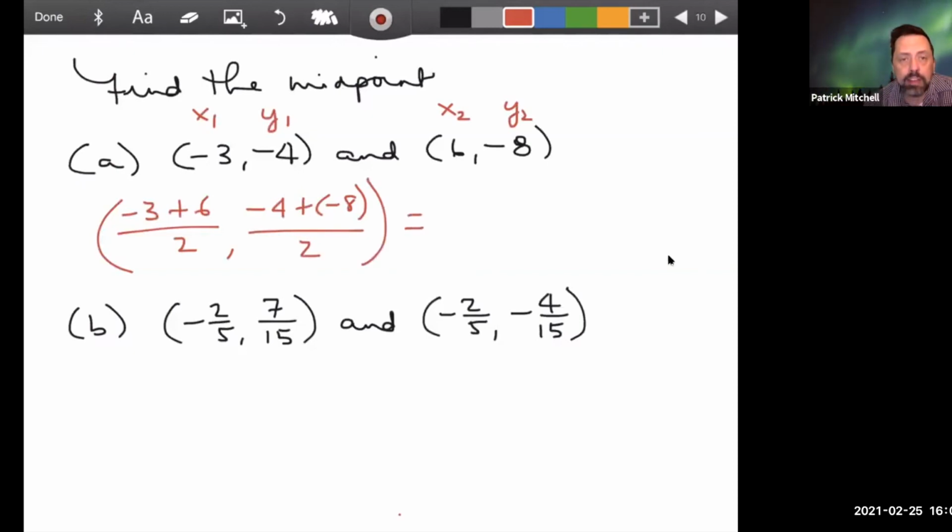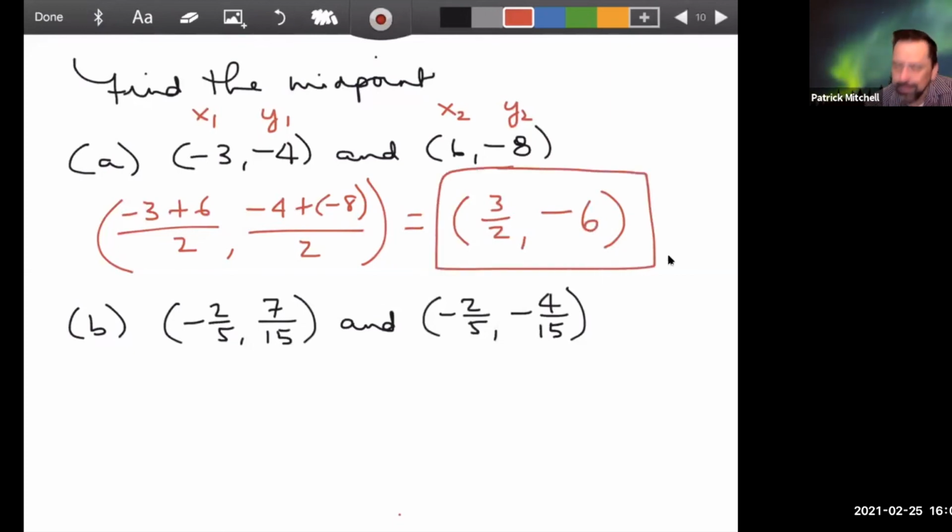Negative 3 plus 6 is 3. 3 divided by 2 is just 3 halves. Negative 4 plus negative 8 is negative 12. Negative 12 divided by 2 is negative 6. So the midpoint of this line segment is the point (3/2, -6).